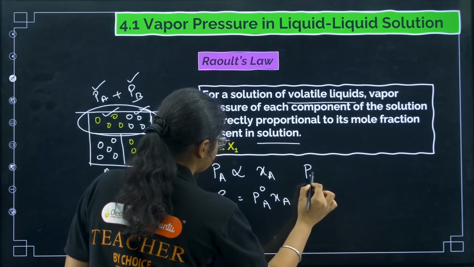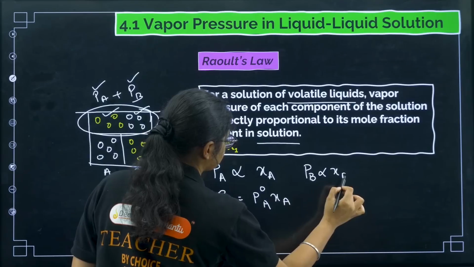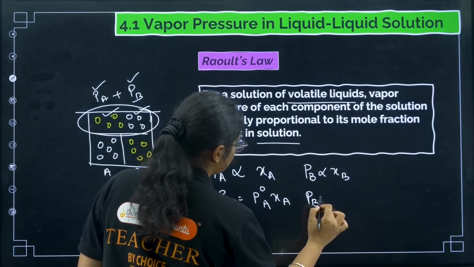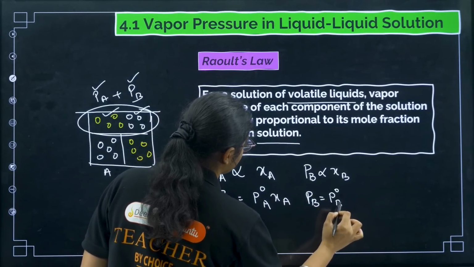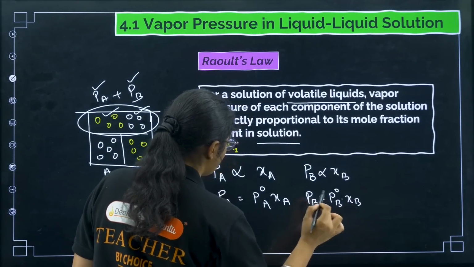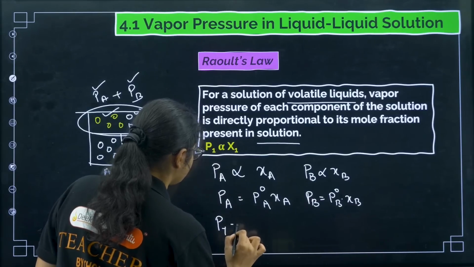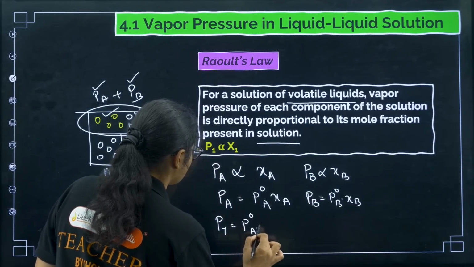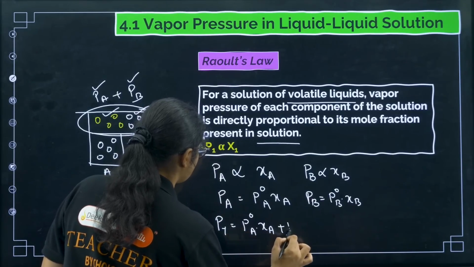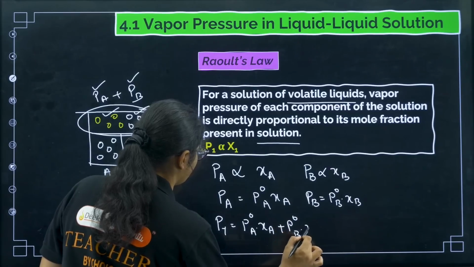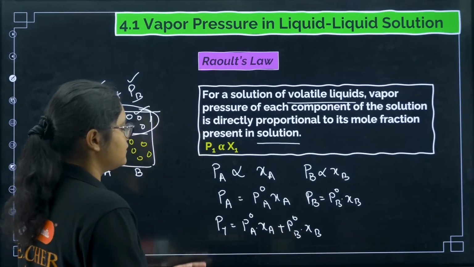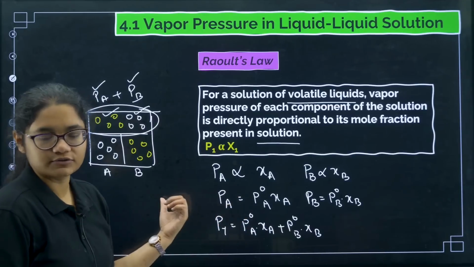Similarly, PB is proportional to XB and PB is equal to P naught B into XB. Now, P total is equal to what? P naught A XA plus P naught B into XB. That is Raoult's law, or the formula for Raoult's law.